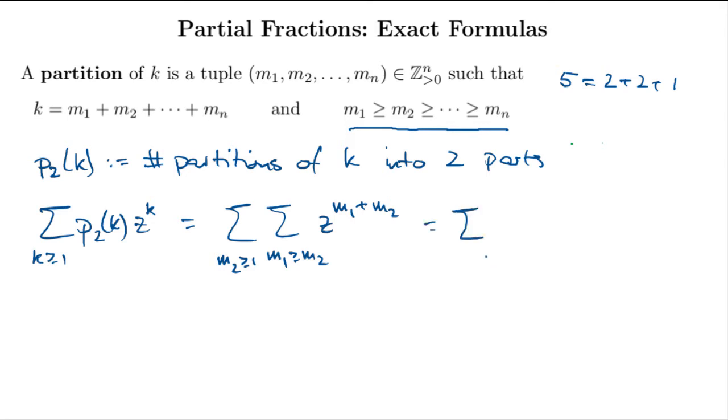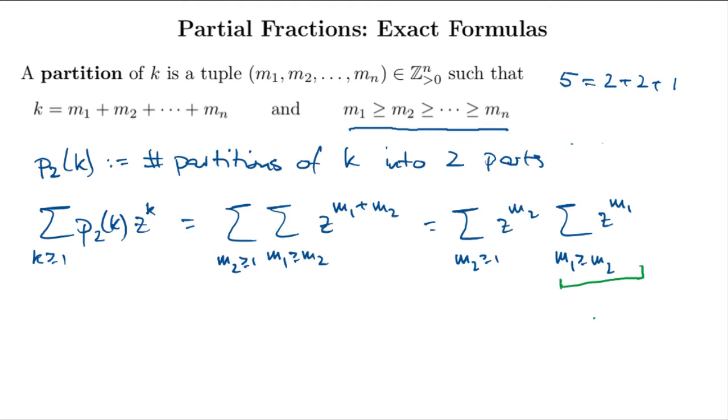Okay, we can take this apart. So my outer sum is over m2. My z to the m2 does not depend on the inner sum, which is over m1. And so what's left in the inner sum is z to the m1. Okay, so we recognize here another geometric series.